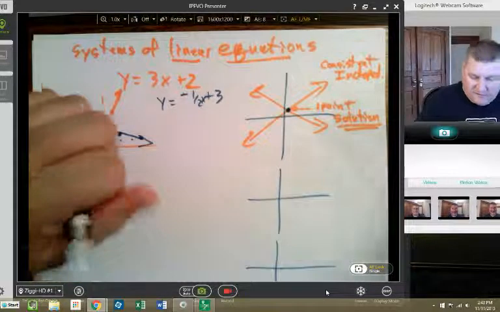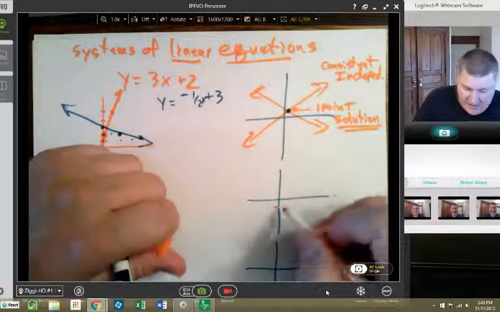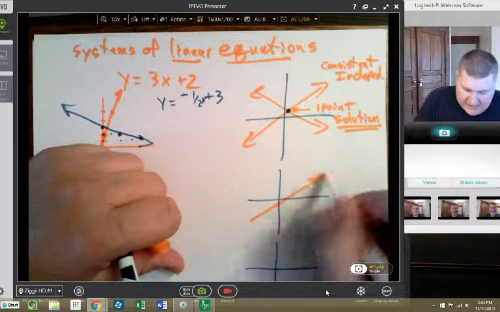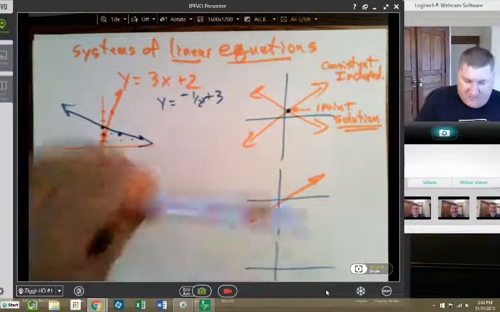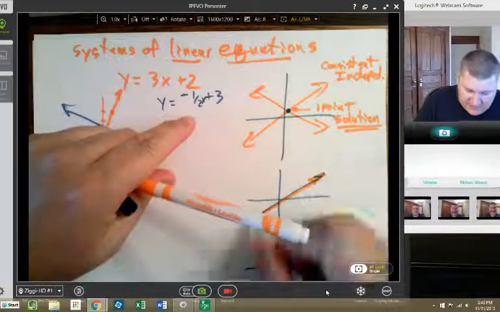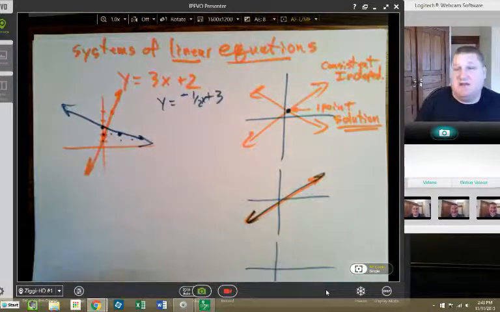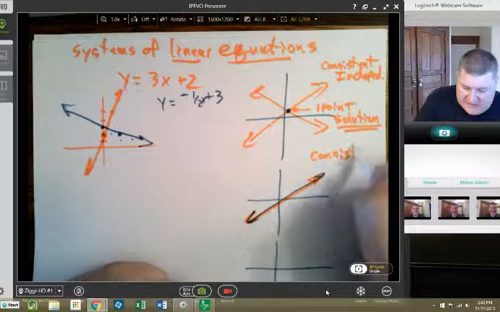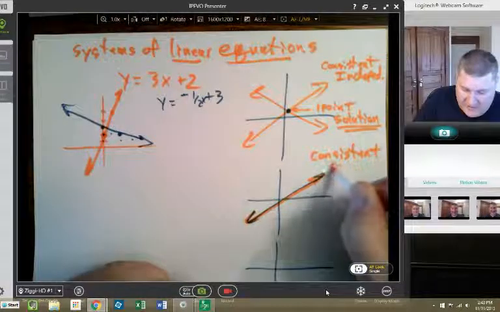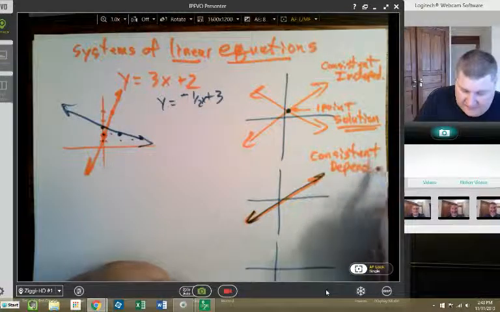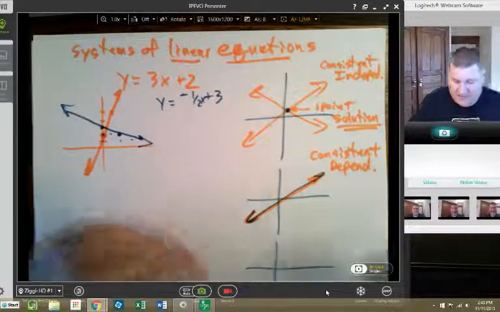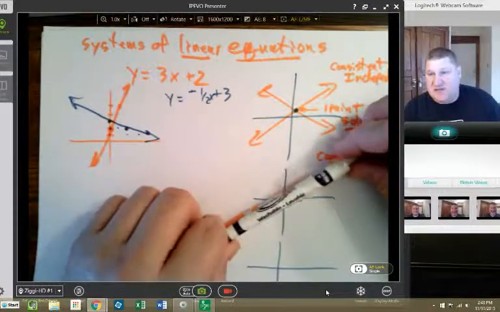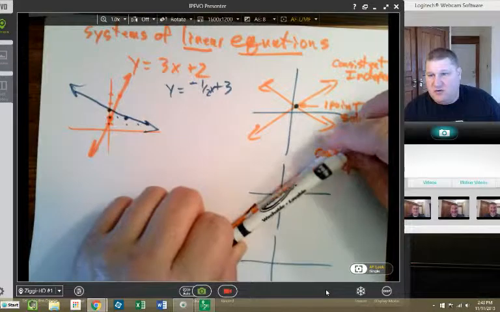So consistent but independent. Now, you have one line like this, but what if the other line is right on top of it? So I have two equations, but they end up making lines right on top of each other. This is also consistent, but now they are dependent because if they're actually the same line, as one moves, the other one's going to move.